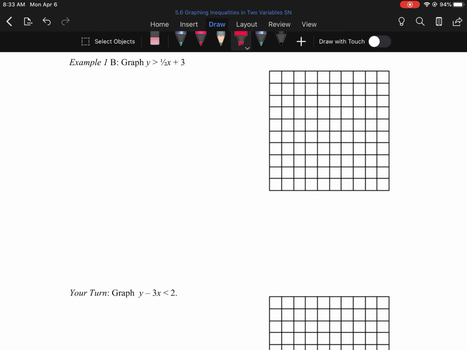Now what we're liking about this next one is that it's already solved for y, so first step done. So I'm going to say, okay, my slope is 1/2, my y-intercept is 3. So let's put my xy axis, we can put it right down the middle. So my y-intercept is 3.